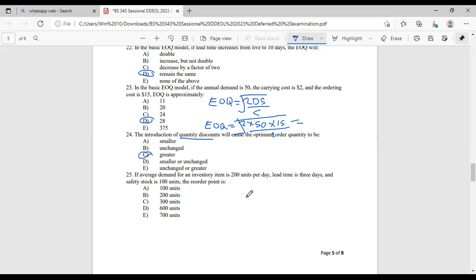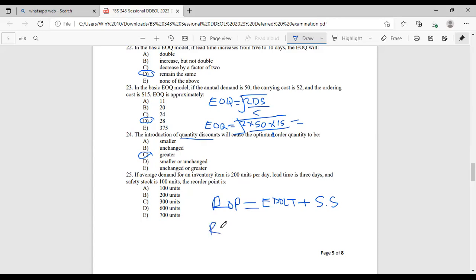Okay, then here, if the average demand for inventory is 200, they want us to find the order point. Order point is equal to expected demand during lead time plus the safety stock.